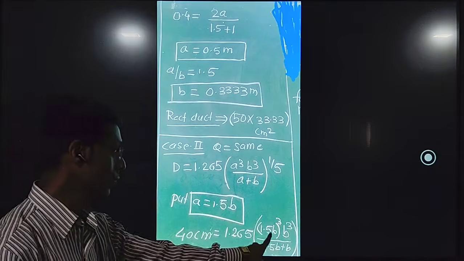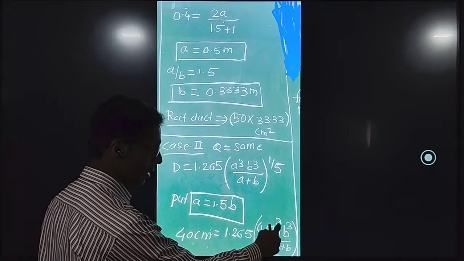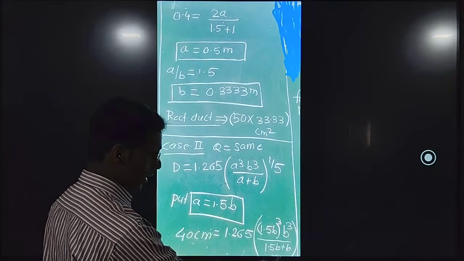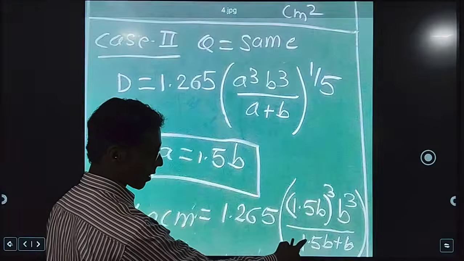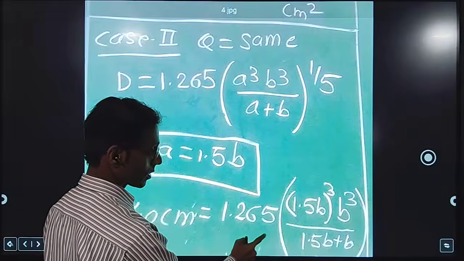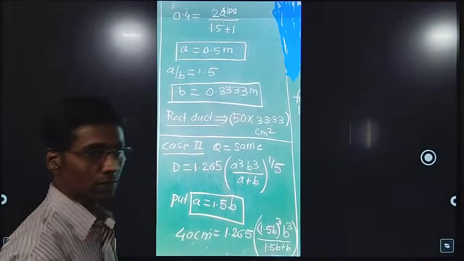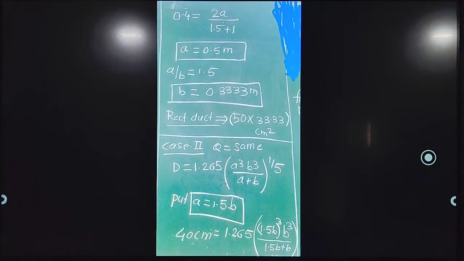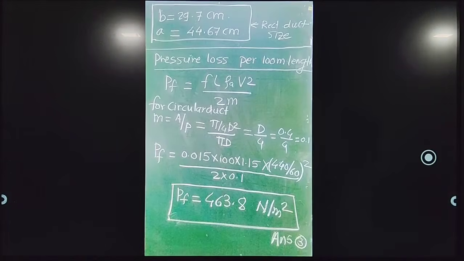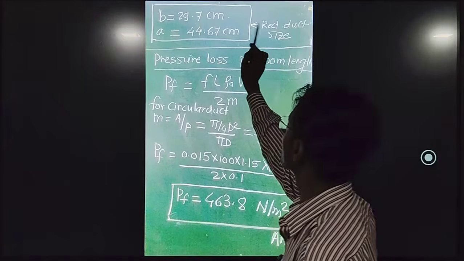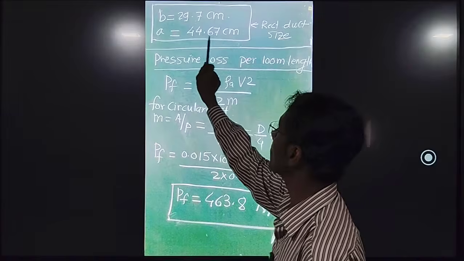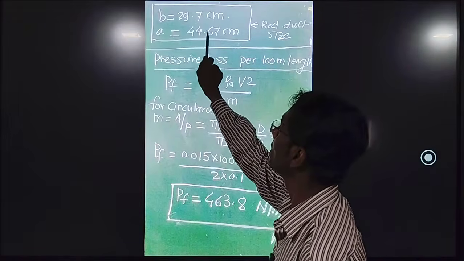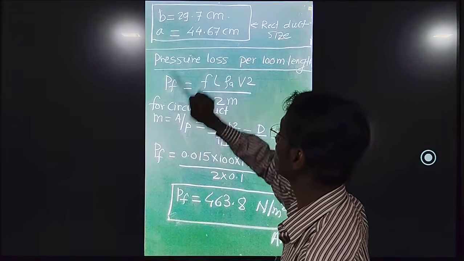So 1.5 b whole bracket, then cube, here is b cube divided by 1.5 b plus b. In the next step, we cancel the terms and put in the values. By cancellation of terms and putting the values, we find the sizes for the rectangular duct, that is A and B, both expressed here in centimeters.